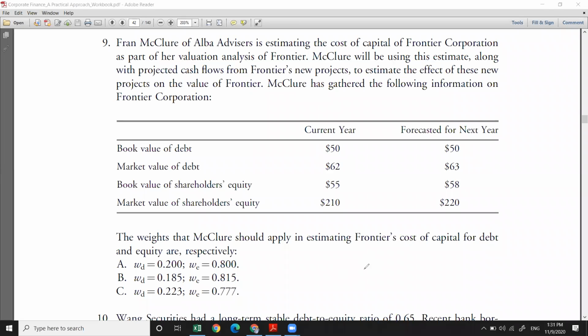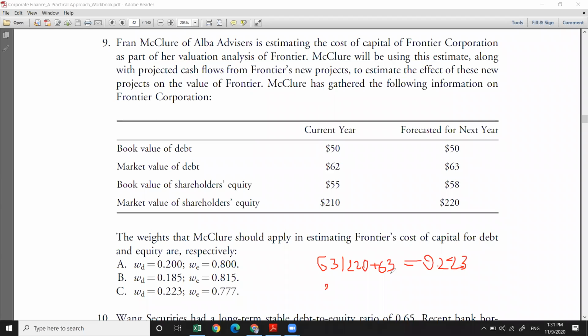So which is $63, the first one, divided by 220 plus 63. And we're using 200, the other one. The proportion of the equity is equal to 0.223.